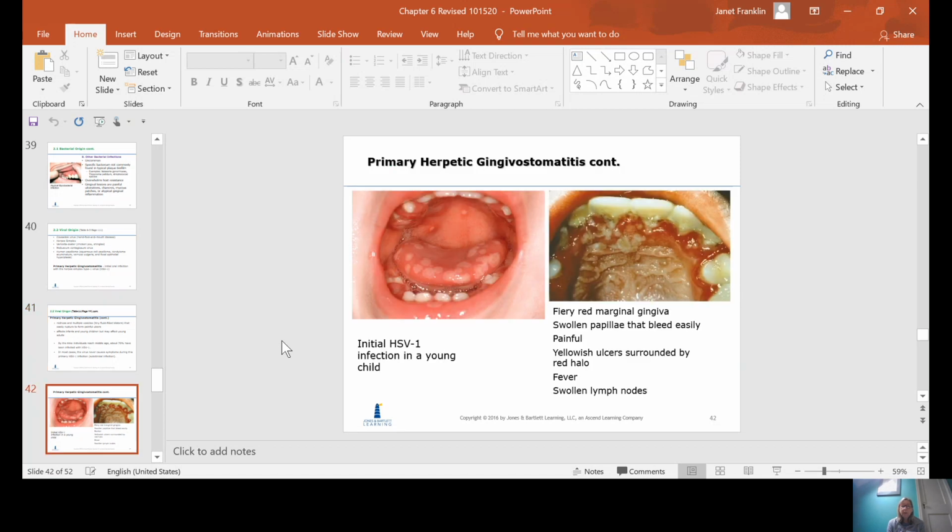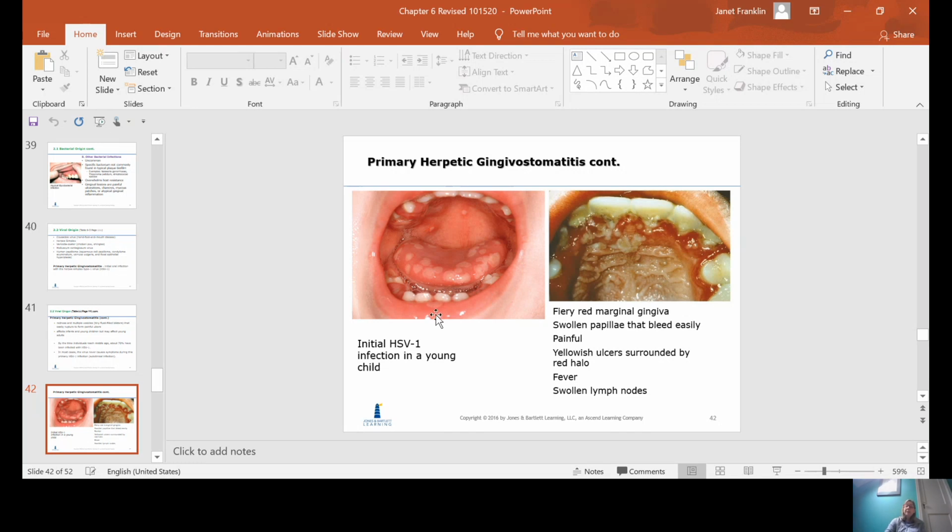This is what it looks like when they do. This is what a young child who was infected by the herpes simplex virus looks like. They have all these vesicles or ulcerations on their tongue and inside their mouth. This is another picture of fiery marginal gingiva. This is an extreme picture, but this one is a more common, typical thing you'll see.